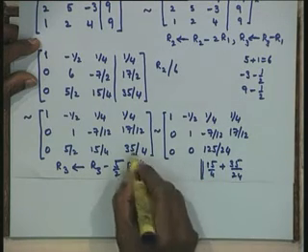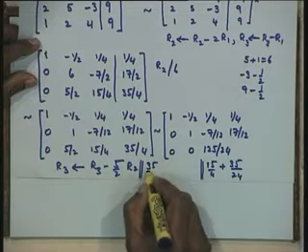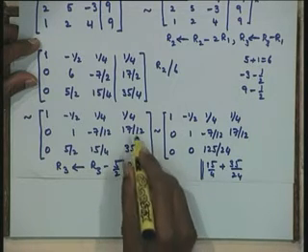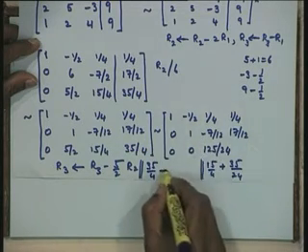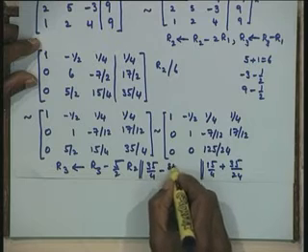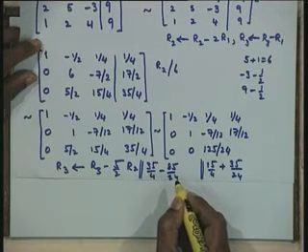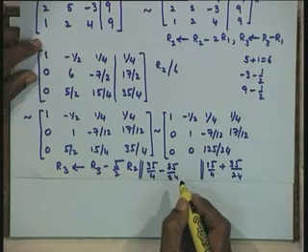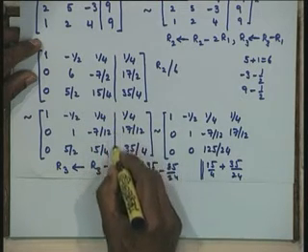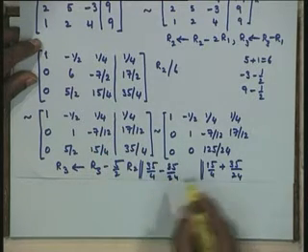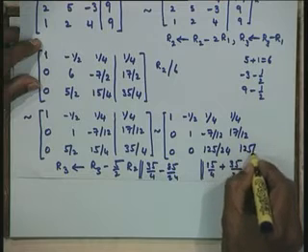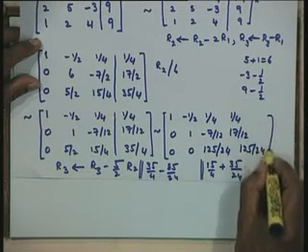Then let us look at the last element. This is 35 by 4, and minus 5 by 2 times 17 by 12, that is 85 by 24. So, this also comes out to be 125 by 24.